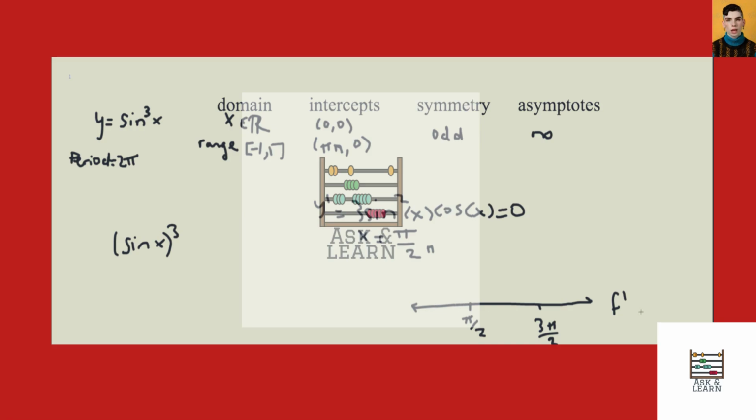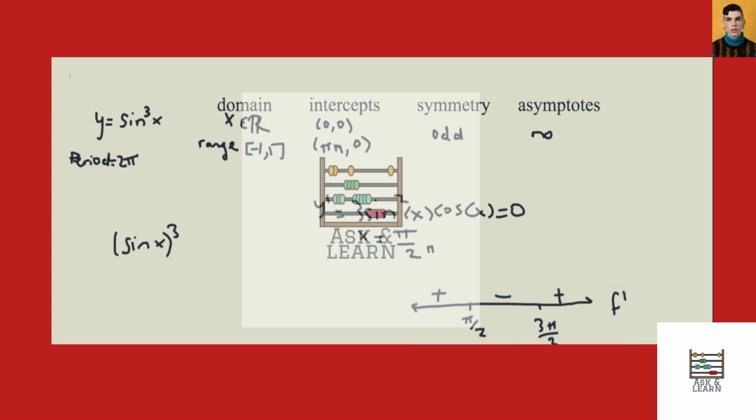So if we test this in the first derivative, test values between anything smaller than pi over 2, it's going to be positive. Between pi over 2 and 3 pi over 2 is negative, and anything after 3 pi over 2 up till 2 pi is going to be positive. So that is our first derivative test.